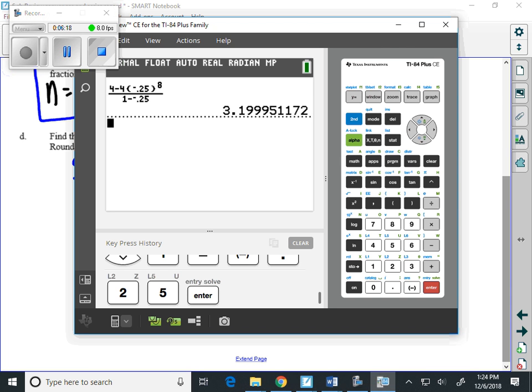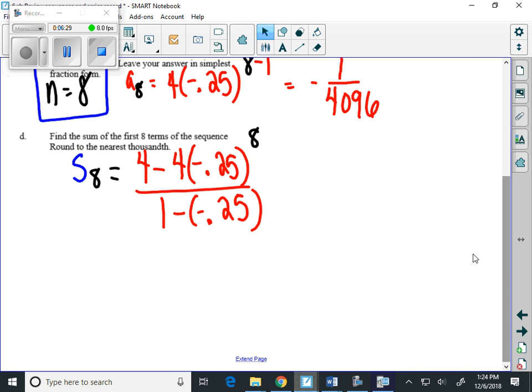And it gives us this number, 3.1999, which I'm going to round. I didn't put any specific directions, I don't remember on this one, so I'm just going to leave it as 3.2.